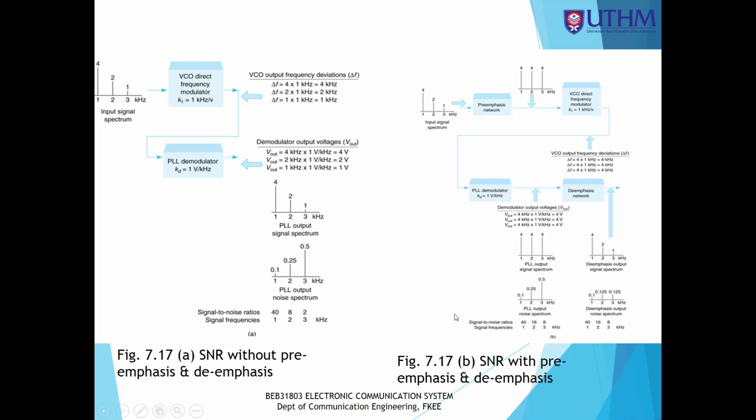So kalau you lihat nilai SNR yang akhir daripada 40, 8 dan 2 dia menjadi 40, 16 dan 8 which is higher. Okay, kita dapat nilai SNR yang lebih besar berbanding tanpa adanya pre-emphasis and also de-emphasis. Okay, so dia nak tunjukkan perbezaan antara adanya pre-emphasis, de-emphasis dengan tiada pre-emphasis, de-emphasis. Okay, so the reason is that we want to increase the SNR. That's the main reason.